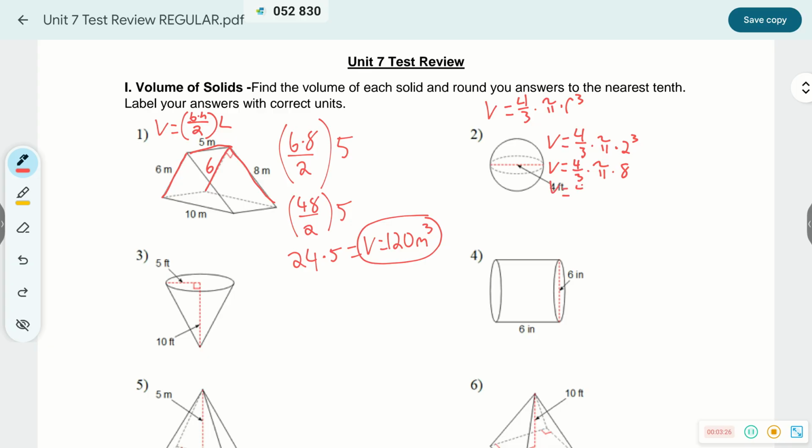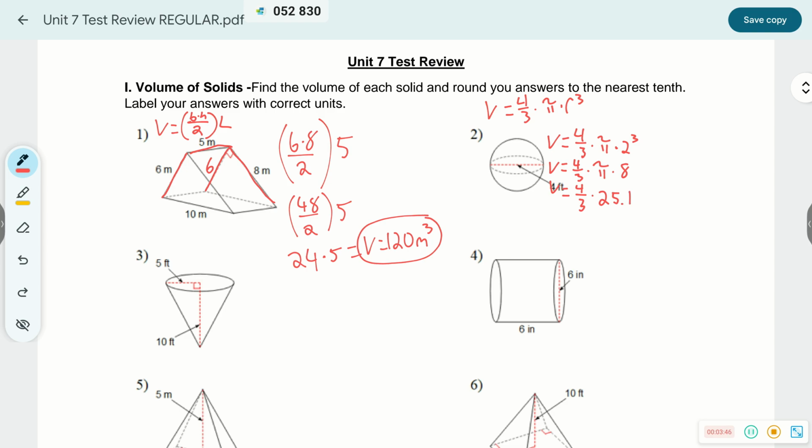Volume equals 4/3 times, you got a calculator, Ainsley? We do pi times 8, which is 25.1.